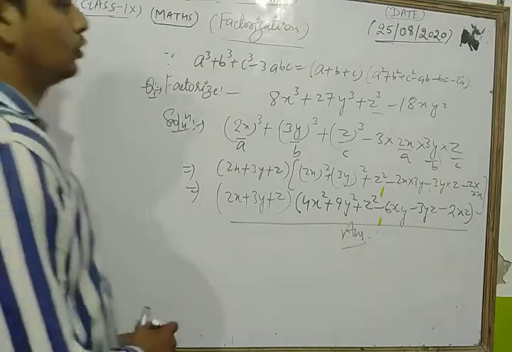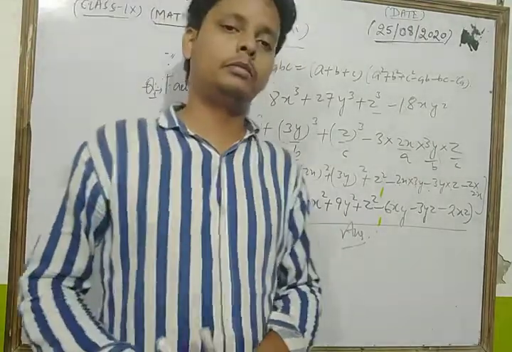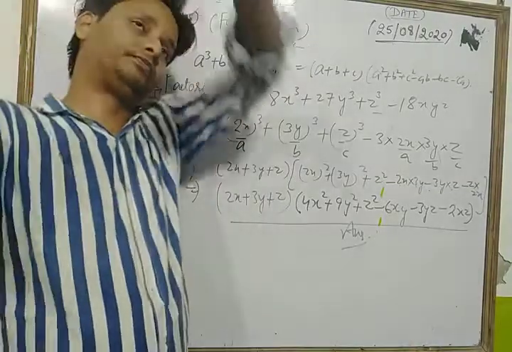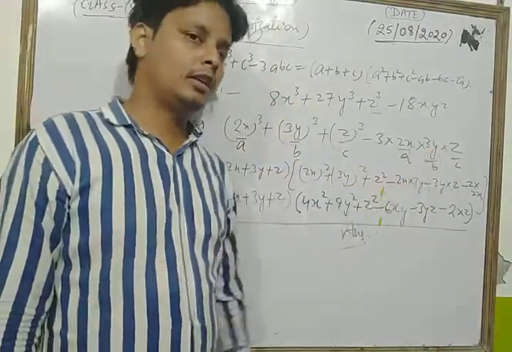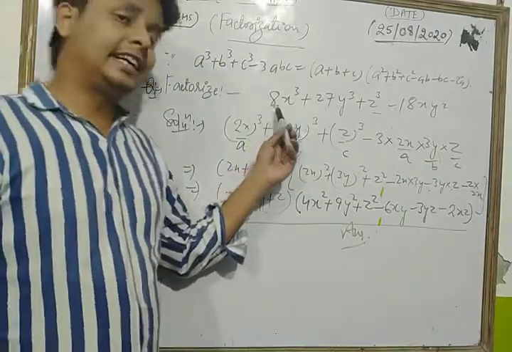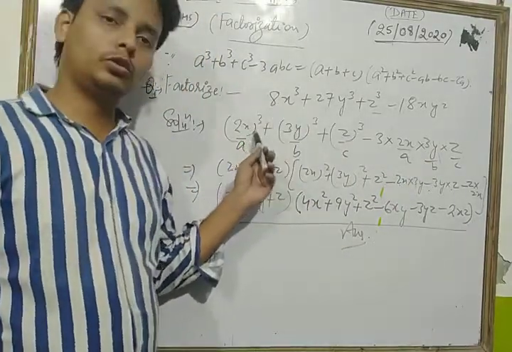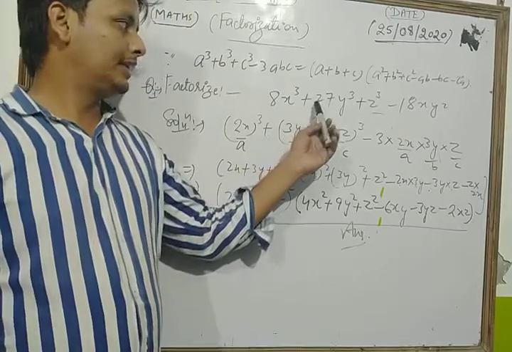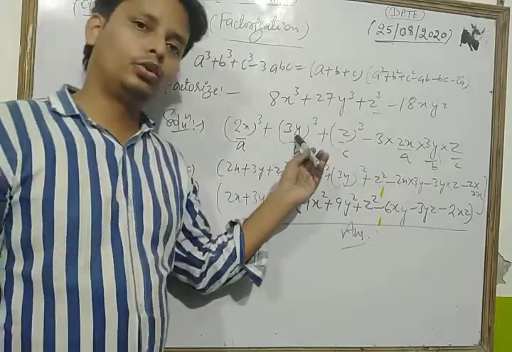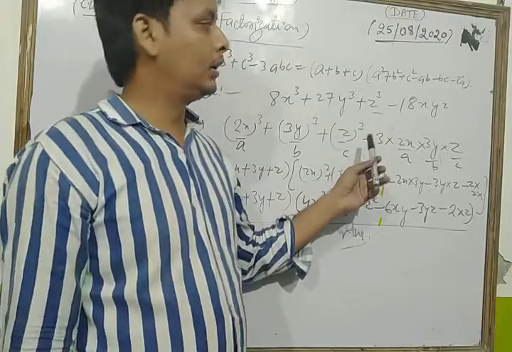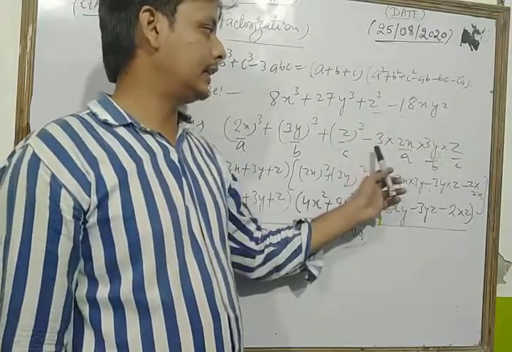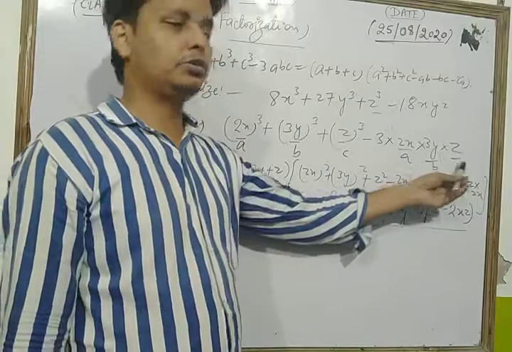Okay. Now look at it one more time. Let's see, dear student. This is our question here. We write 8x cube as 2x whole cube plus we write 27y cube as 3y whole cube. We write z cube as z cube, and 18xyz we write as 3 into 2x into 3y into z.